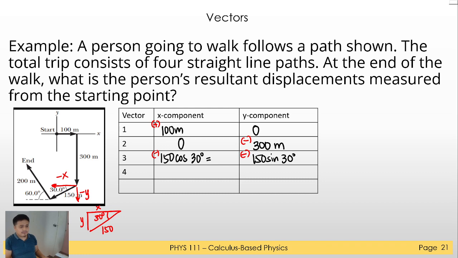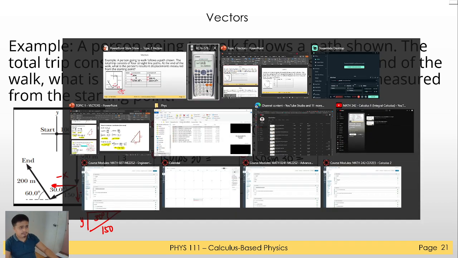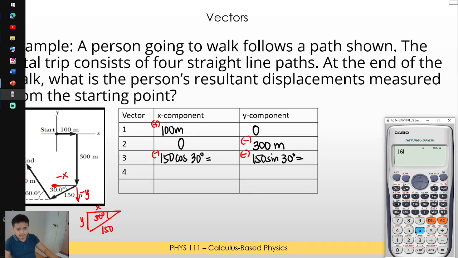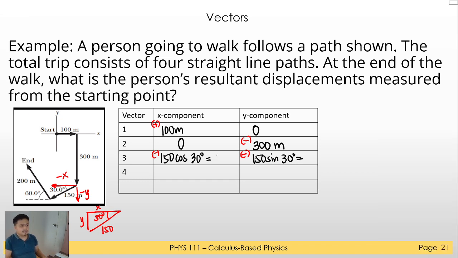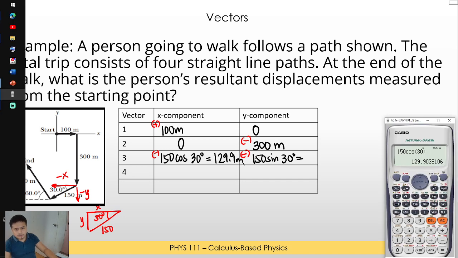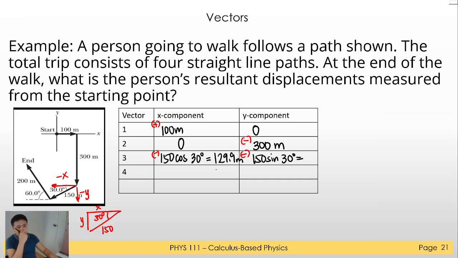So let's evaluate this first using our calculators. 150 cosine 30 will be 129.9 meters, negative. It should be negative, but I already showed that this is negative.